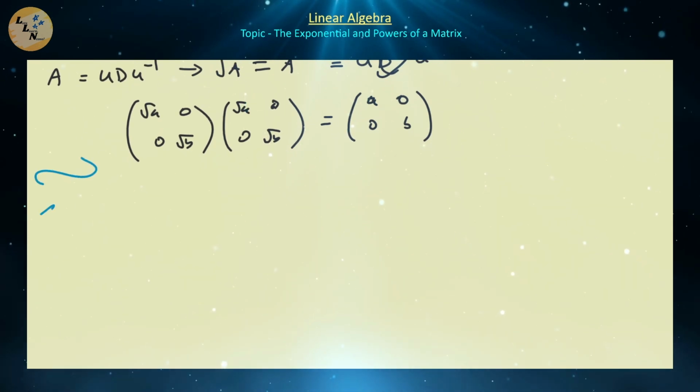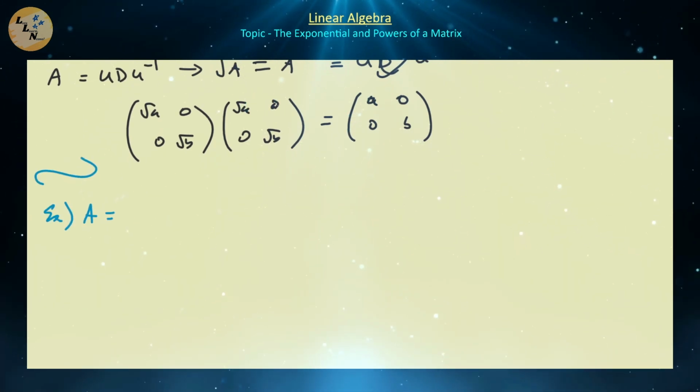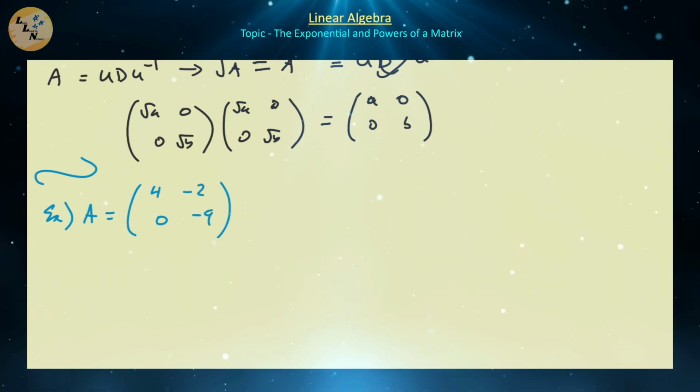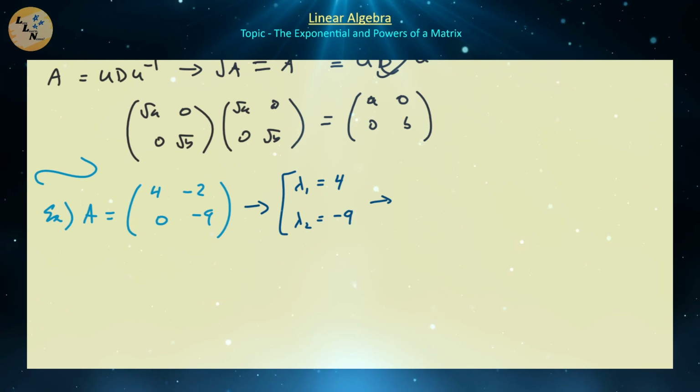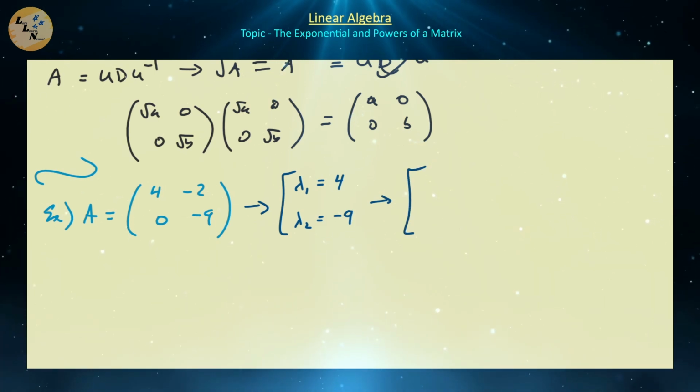So for example, let's assume we have the matrix A, which is going to be 4, minus 2, 0, and minus 9. So the first thing that we would need to do is find the eigenvalue decomposition. The first eigenvalue we have would be 4, and the second eigenvalue that one can find is going to be equal to minus 9, and then we need eigenvectors associated to each of those eigenvalues.